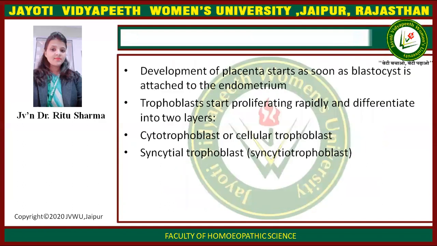Development of placenta starts as soon as the blastocyst is attached to the endometrium. Trophoblast starts proliferating rapidly and differentiates into two layers. These are called cytotrophoblast or cellular trophoblast, and syncytiotrophoblast, also called syncytial trophoblast.